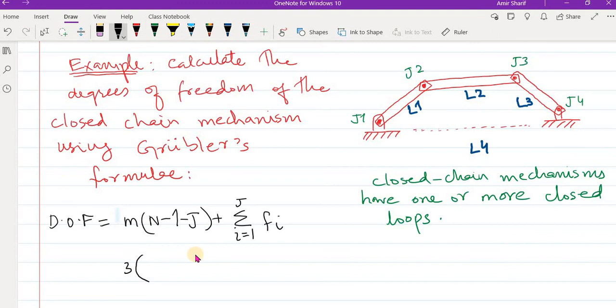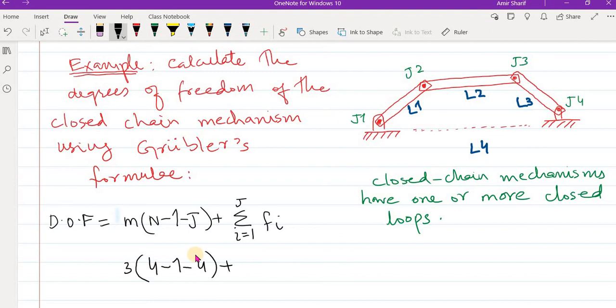We have here L1, L2, L3 and L4. We have 4 links, minus 1, minus j, where j is the number of joints. We have 1, 2, 3, 4, so 4 joints, plus f, the degrees of freedom of each joint.